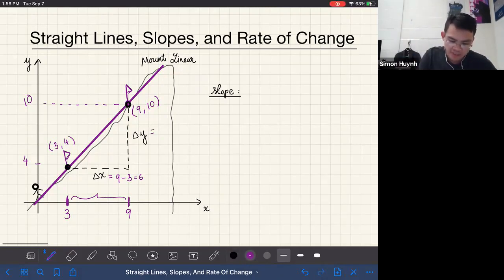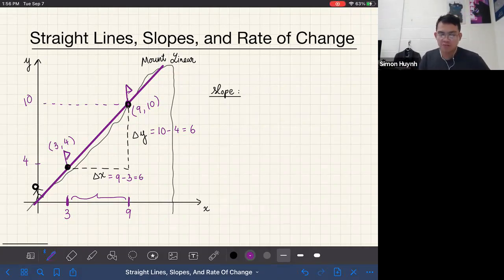So that would be the upper y value minus the lower y value. So that's 10 minus 4, and that also gives us 6. All right, so going from the first flag to the second one, we travel 6 units in the horizontal direction, and we also travel 6 units in the vertical direction.